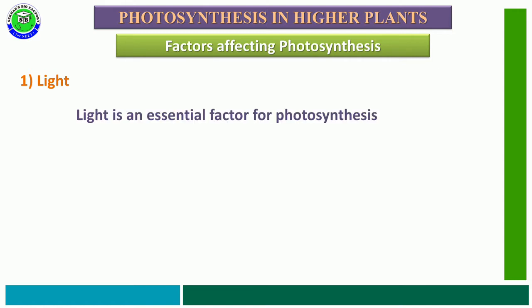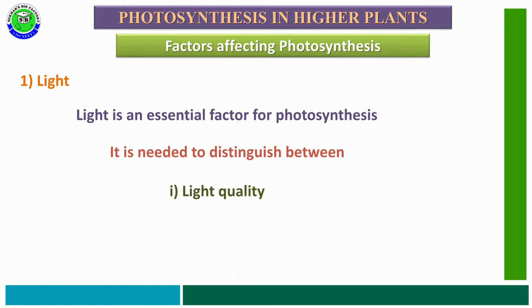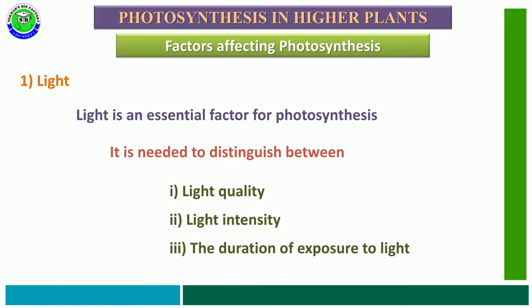Light is an essential, important factor for photosynthesis because light provides energy for the conversion of carbon dioxide into carbohydrates, and it is needed to distinguish between light quality, light intensity, and the duration of exposure to light. These are the important components of light for photosynthesis.